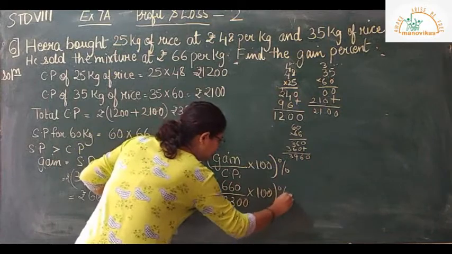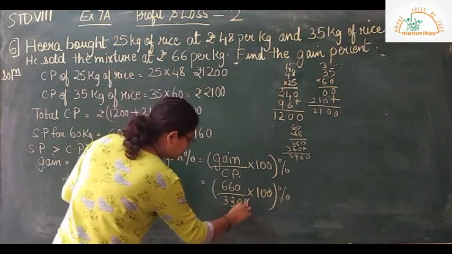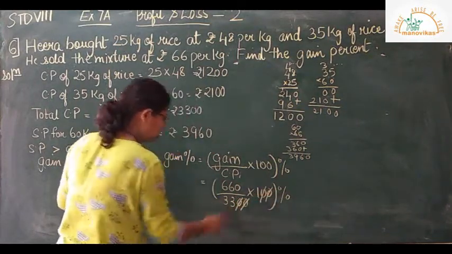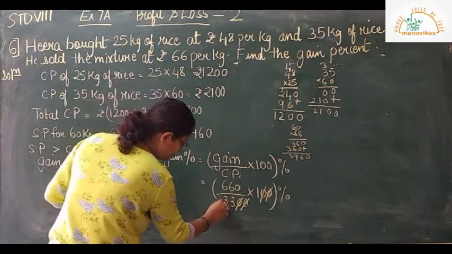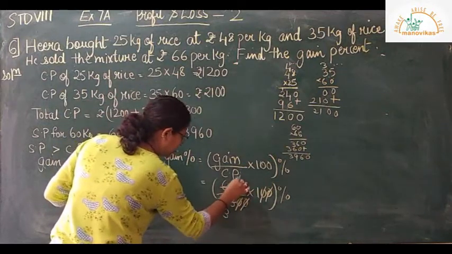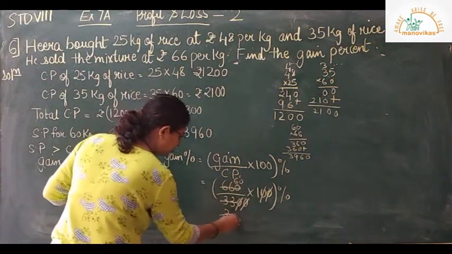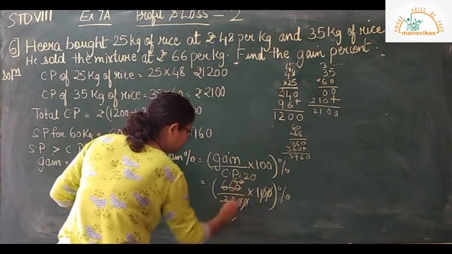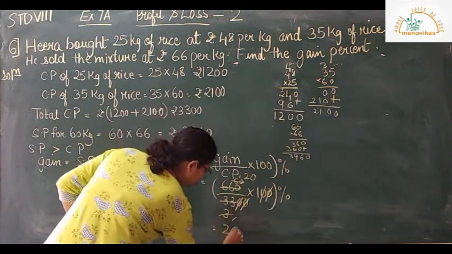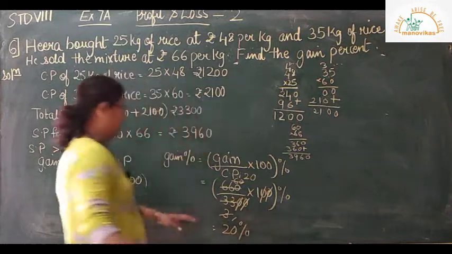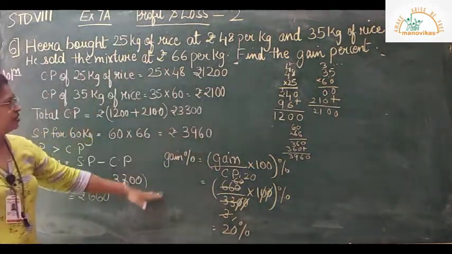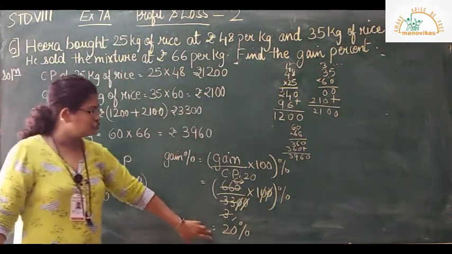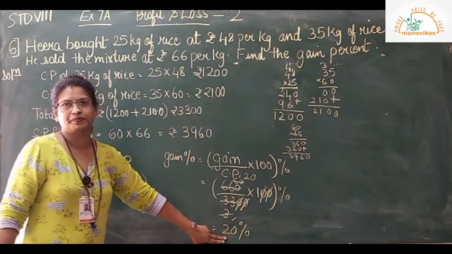I can cancel the zeros. So I get it as 20%. So the gain percentage in the whole transaction is 20%.